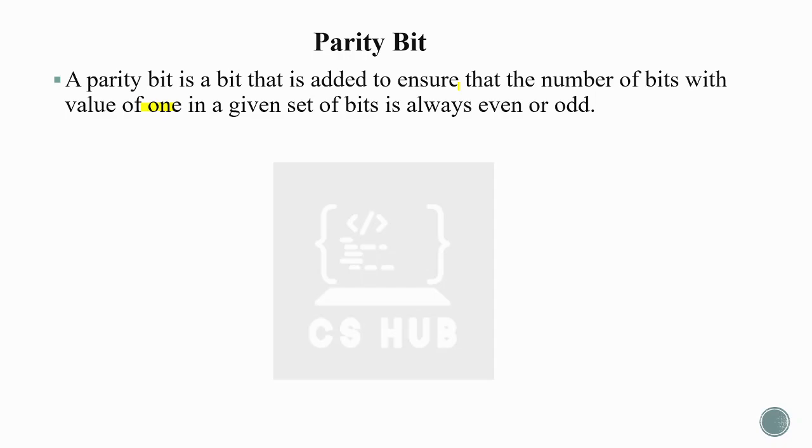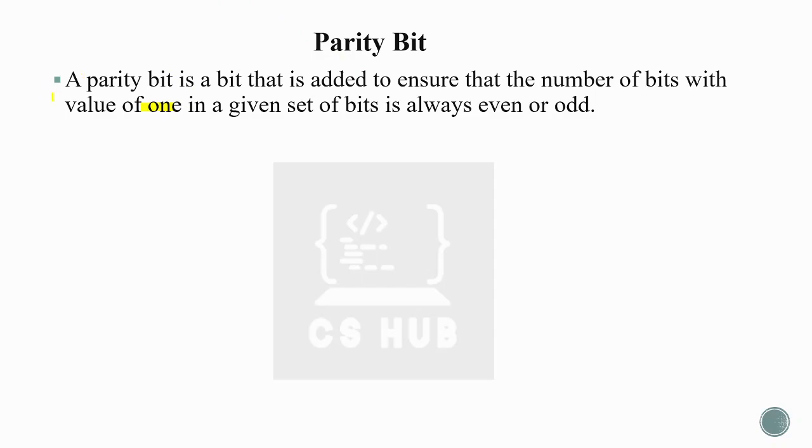The parity bit is set so that the number of ones is always odd or always even, based on the type of parity. In even parity, the total number of ones will always be even. In odd parity, the total number of ones will always be odd. So this is the definition.